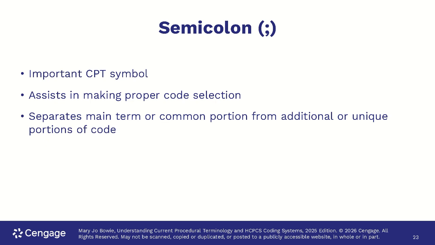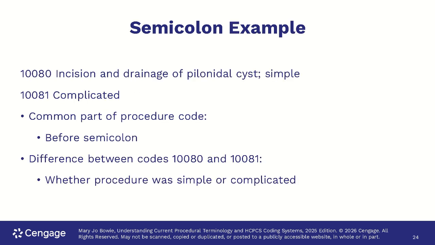You have a standalone code, and then you have an indented code. And where there is an indented code underneath a standalone code, the code set uses a semicolon to basically conserve space. And I want you to stick with me. I have an example because this is a concept that you really got to wrap your head around.